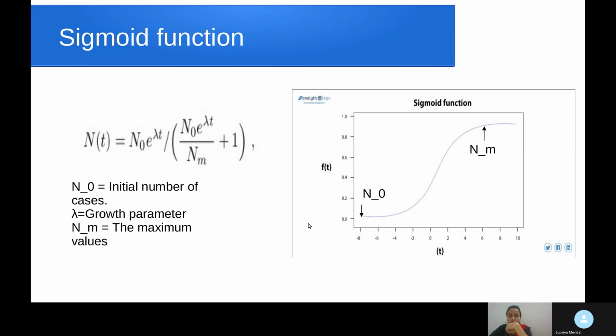N0 is the initial number of cases from where the cases begin, lambda is the growth parameter for which the cases start to increase, and Nm is the maximum value where the cases saturate.